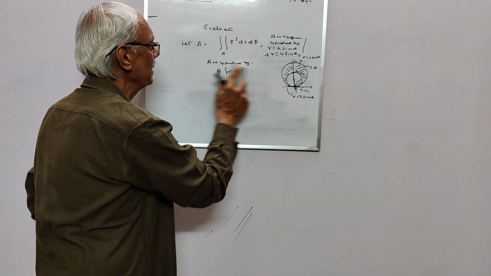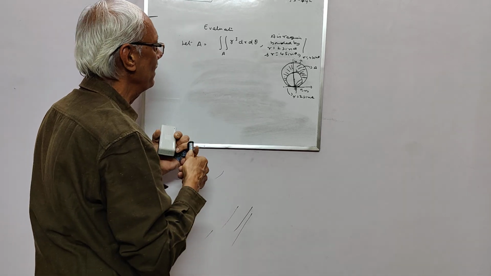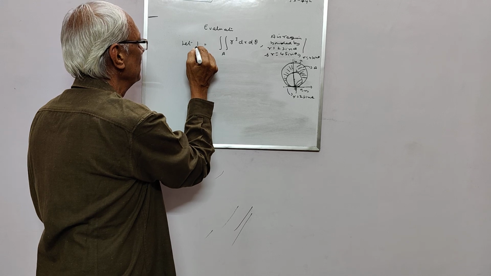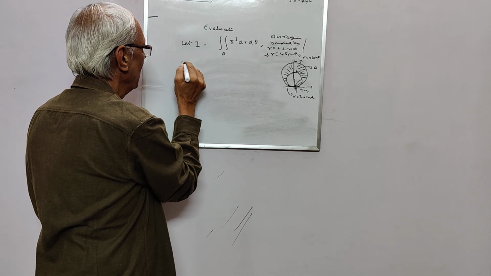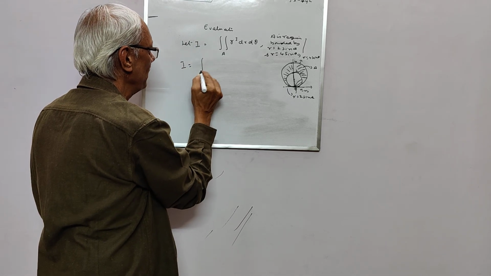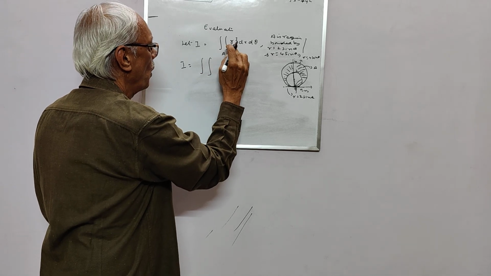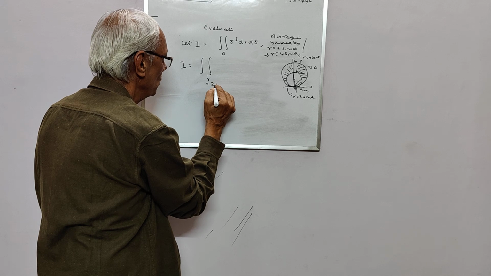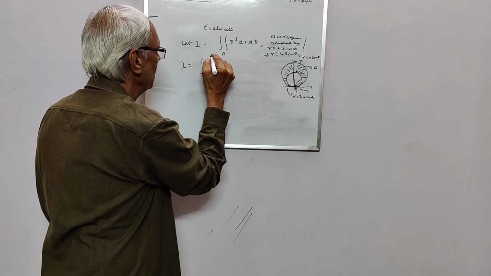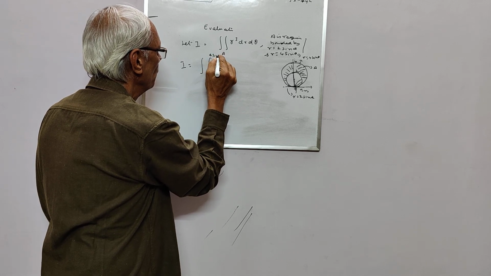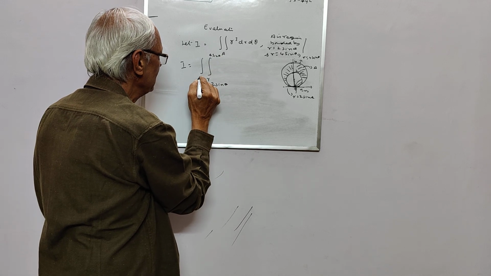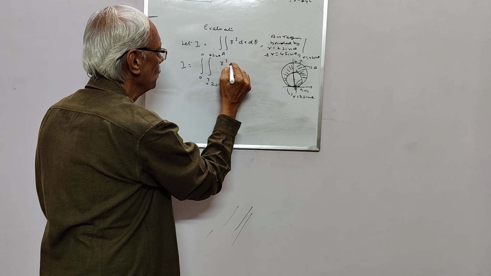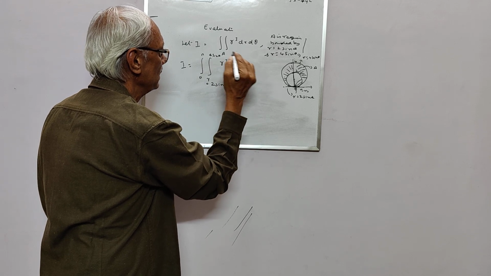Now let me come here. So what do I have to write here? Let I be equal to the integral where r ranges from 2 sine theta to 4 sine theta, and theta ranges from 0 to pi, of r cubed dr d theta.